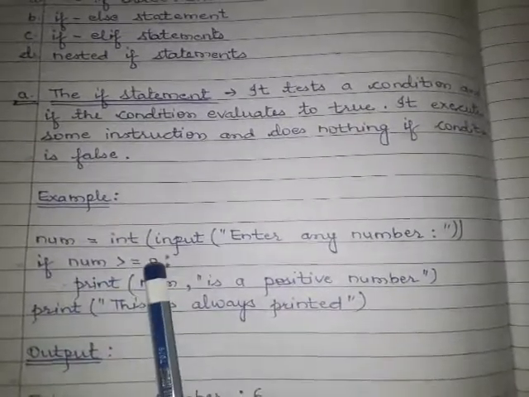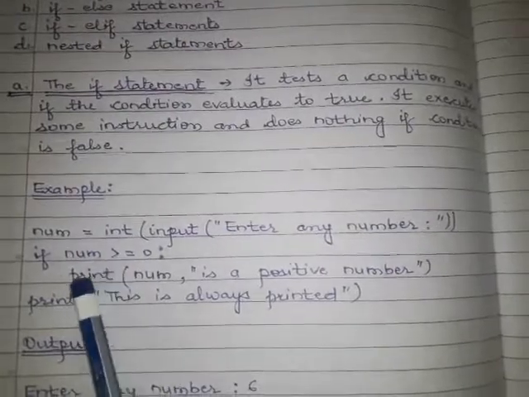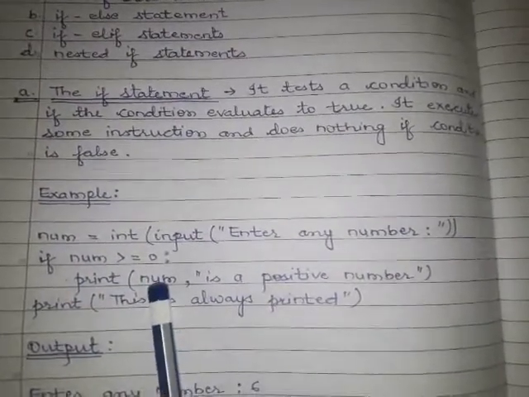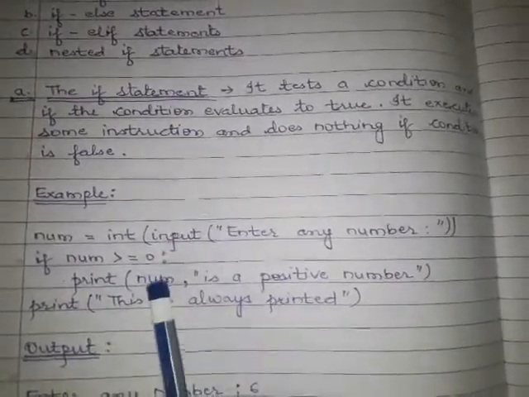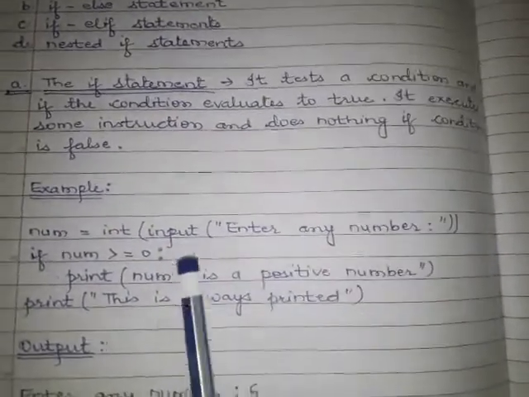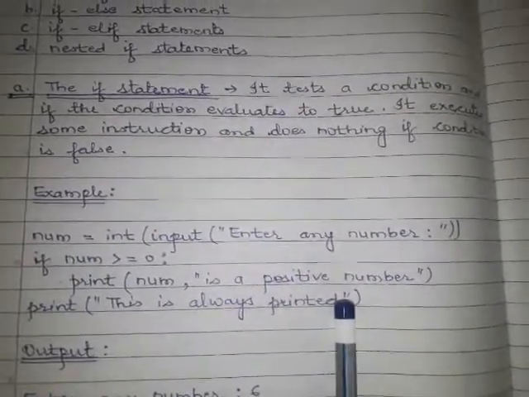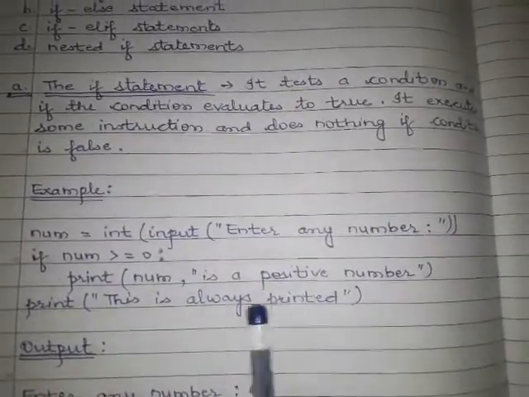If number is greater than or equal to 0, here we check the condition. If it is greater than 0, then we print the number. The value of number is whatever the user input from here. Number is a positive number. And after this checking, this is always printed, so this line is always at the bottom of the output screen.